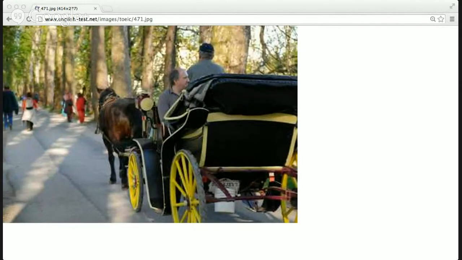Actually, it seems to be a carriage here, and tourist people, they are hanging around the city, and they are having a nice time or something like that. They're having a what? A happy time. Okay, they're having a good time.